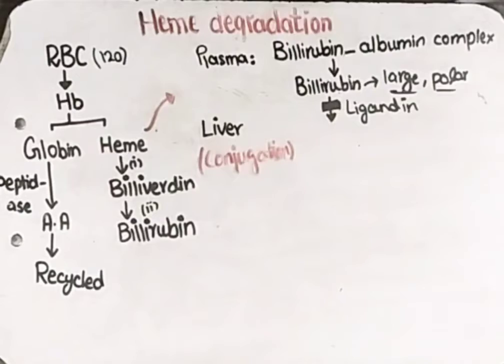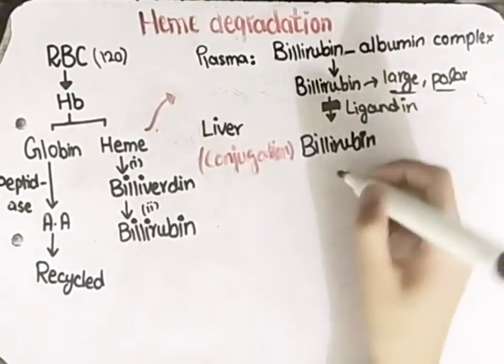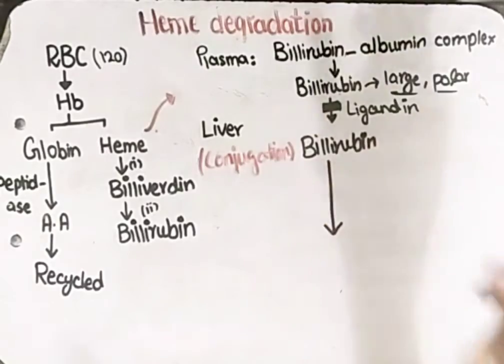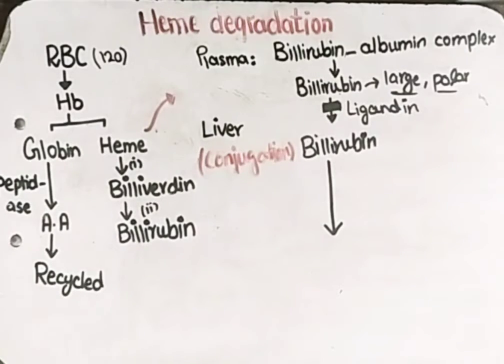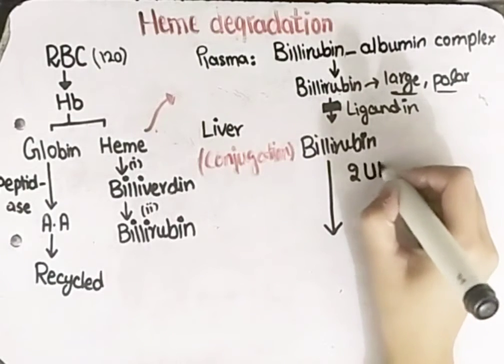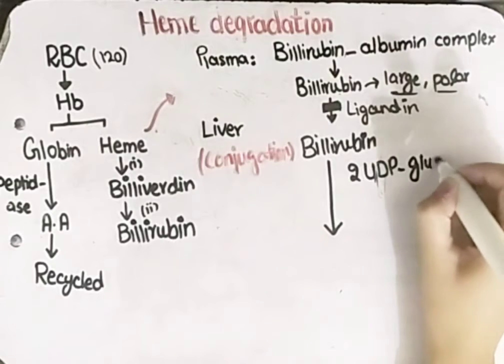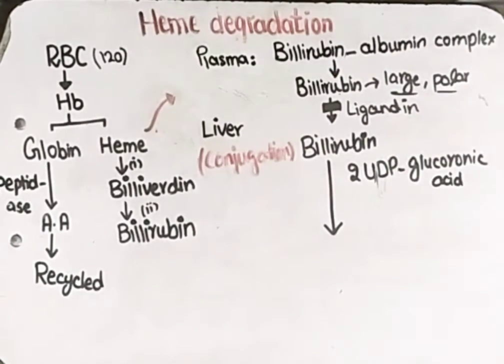What does the liver do? Whenever the bilirubin enters into the liver, two molecules are conjugated, which means we have to unite, we have to add some molecule into bilirubin. So what is that molecule which is added into bilirubin? It is two molecules of UDP glucuronic acid.